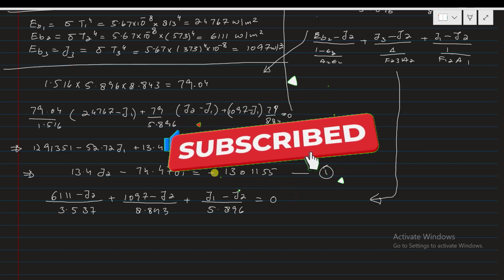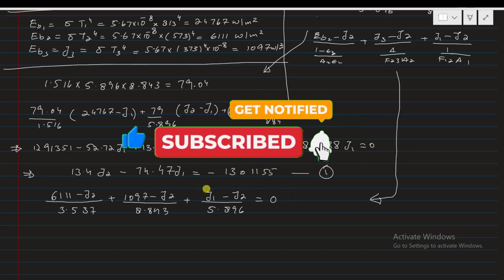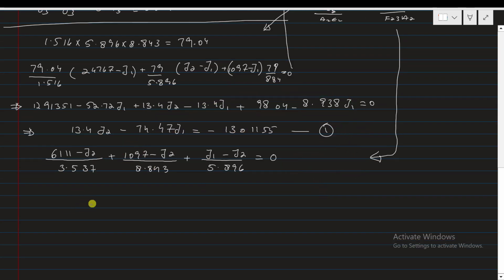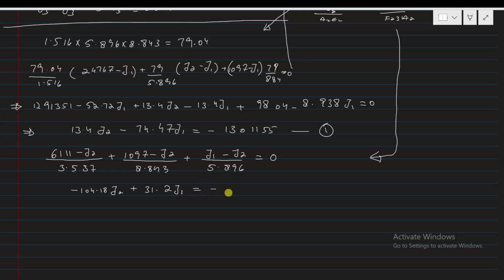Similarly to the previous equation we simplified, the final simplified version of the equation is minus 104.18 J2 plus 31.2 J1 is equal to minus 34,138.45, and say it's equation 2.